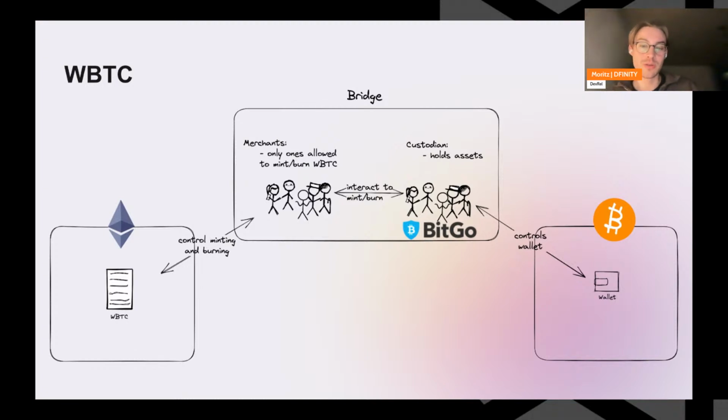So if you want to mint RepBTC, and thus bridge your Bitcoin to Ethereum, one of those merchants has to send Bitcoin to the custodian, which then, upon receipt of the Bitcoin, mints the same amount of RepBTC to the merchant, who then gives it to you. And if a user wants to bridge their Bitcoin to RepBTC, they actually have to go through KYC and AML with the merchant.